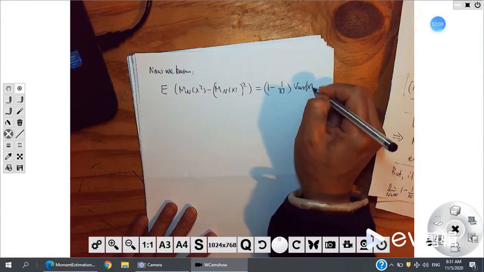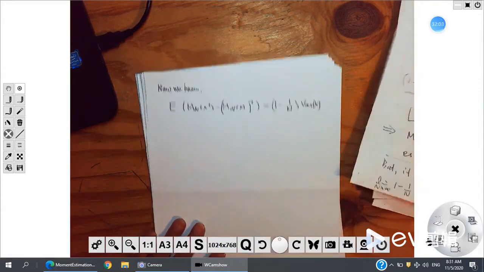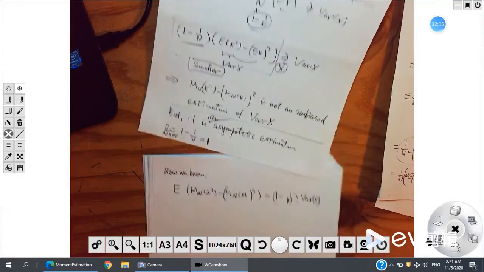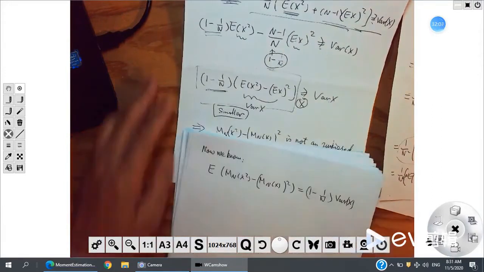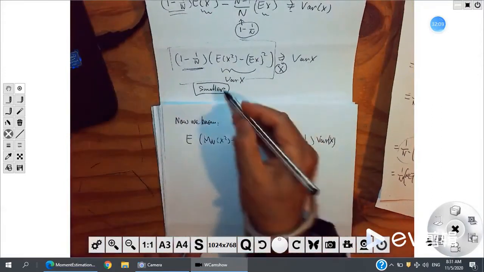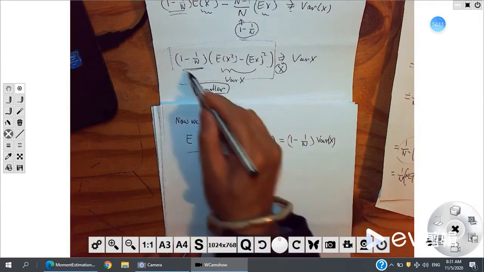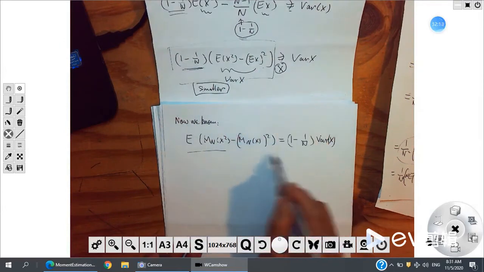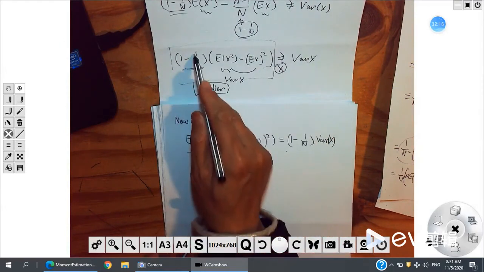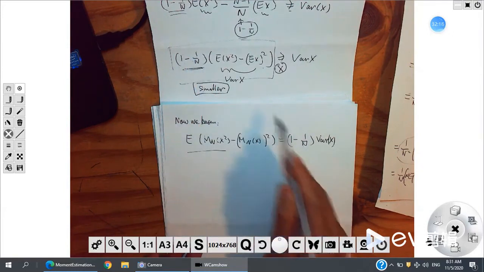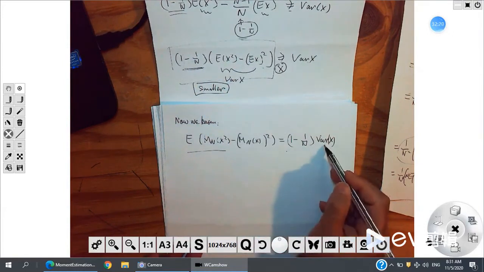Right? We have this one. E of this is this part. It is just this one: 1 minus 1 over n times the variance of x. Right? We have this one.